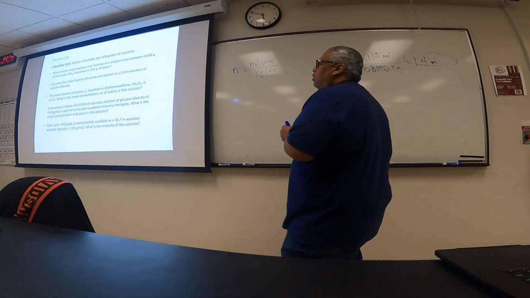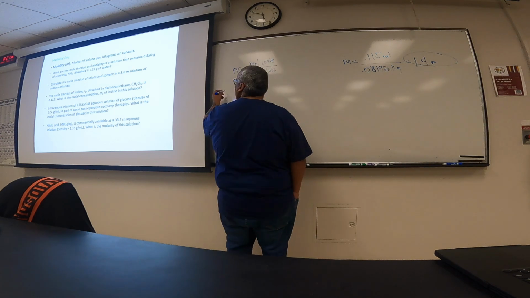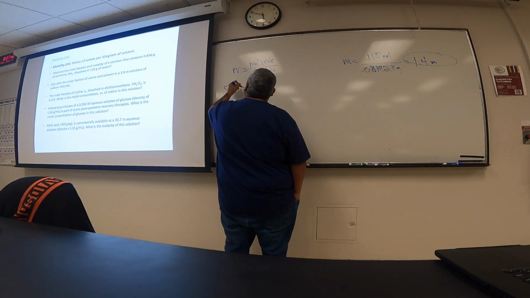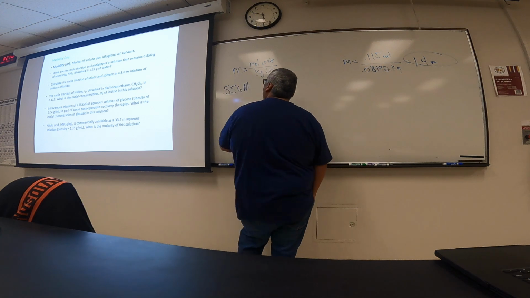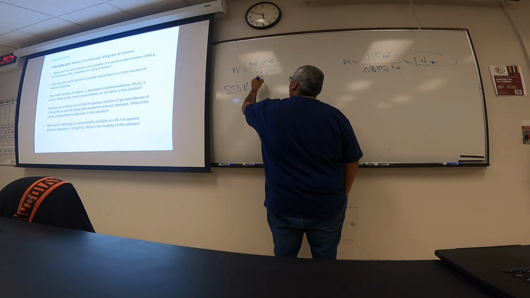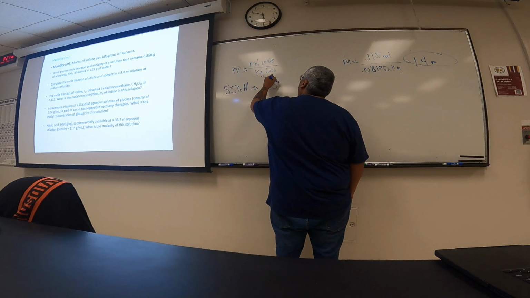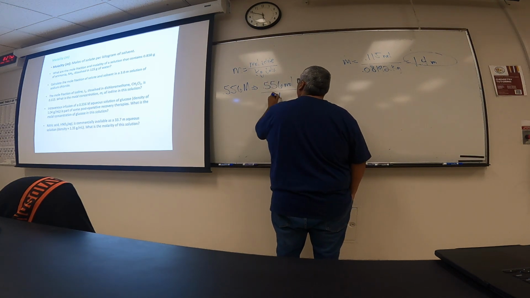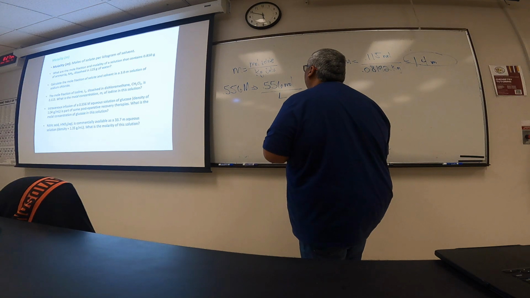All right, so let's see what information. So I'm going to convert this here. So this is 0.556 molar, and I just want to change these units over, and we're going to go 0.556 moles of glucose per liter of solution.